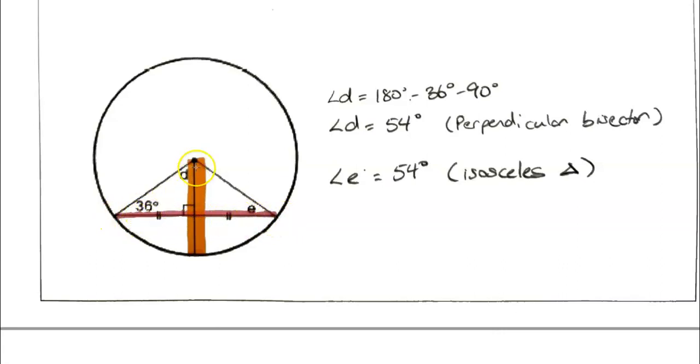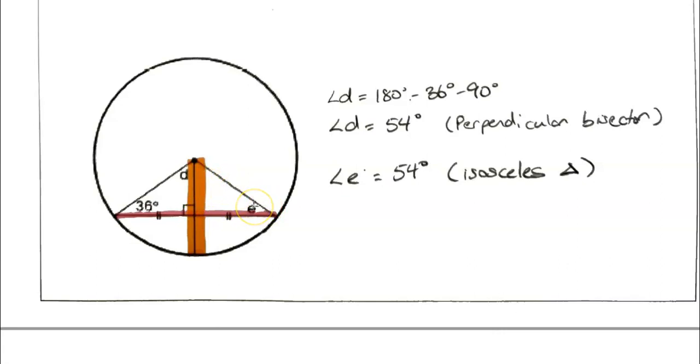Because of the perpendicular bisector property, they're going to meet at 90 degrees and they're going to split both of these pink pieces in half. Okay, and so if you want to find D, you can go 180 minus 36 minus 90 and you'll get D of 54 degrees.